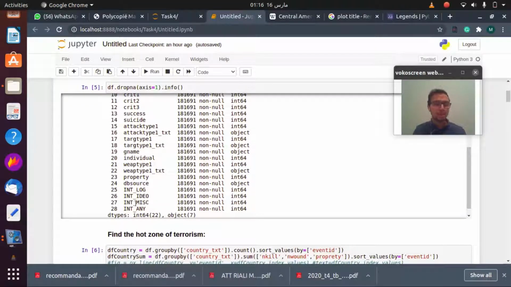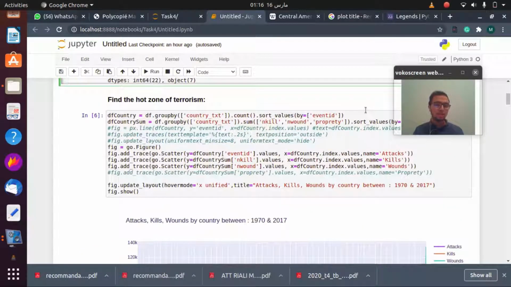For instance, if we count on this dataset, we will not find the summary and the location description, and we'll lose a lot of information by the way.